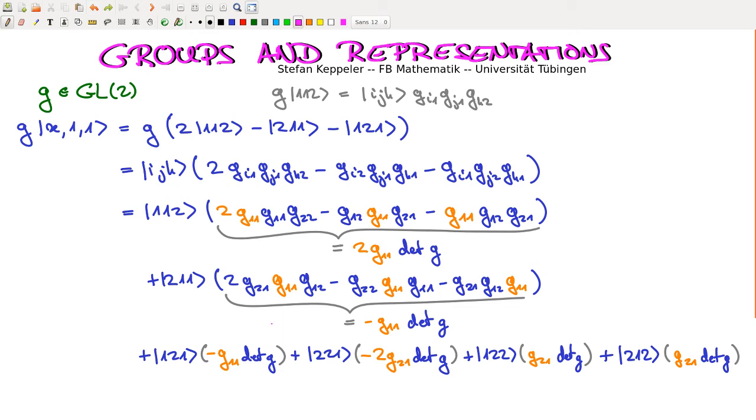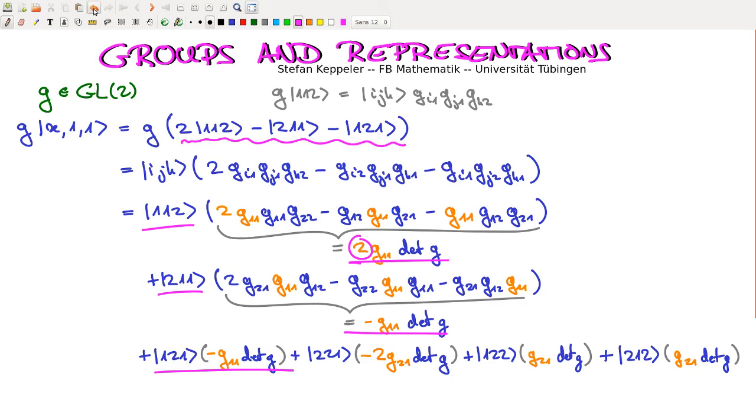And now something nice happened, because if you look at these first 2 terms here, this times this times this, and then this one here, well, they all have a G11, and then what we really got is this linear combination here again. The 1,1,2 comes with a prefactor of 2, and then the 2,1,1 and the 1,2,1.